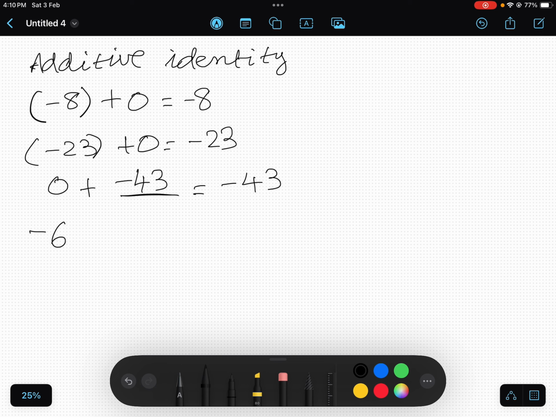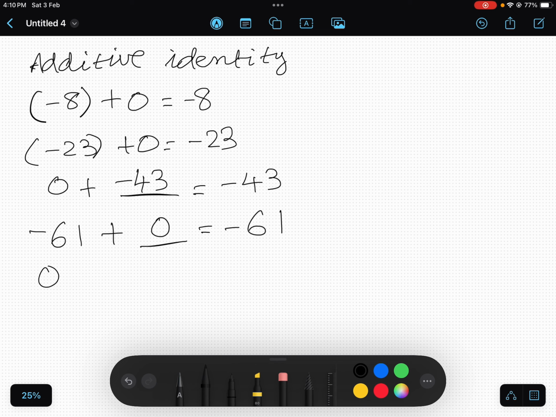And then what about this one? Minus 61 plus dash is equal to minus 61. So it has to be 0. So whenever 0 is added to any number, the result will be the same number.